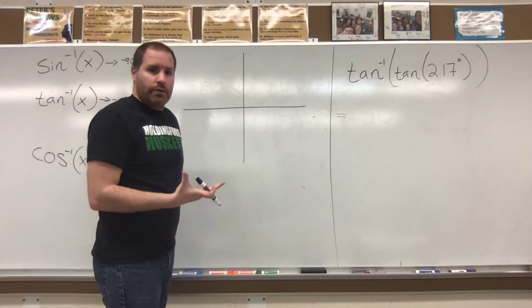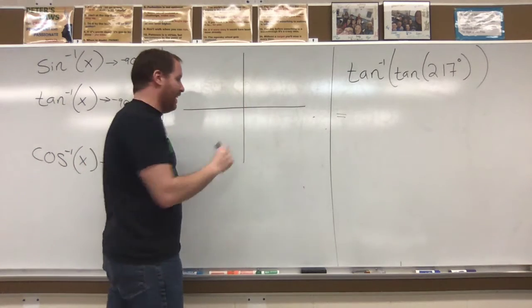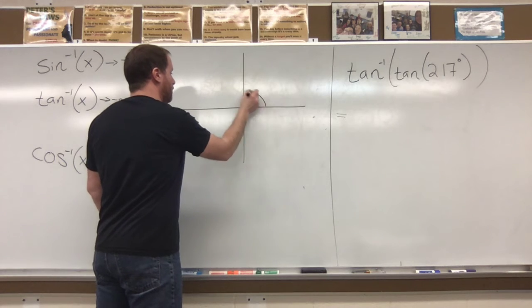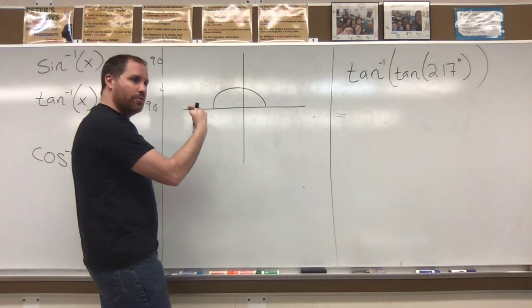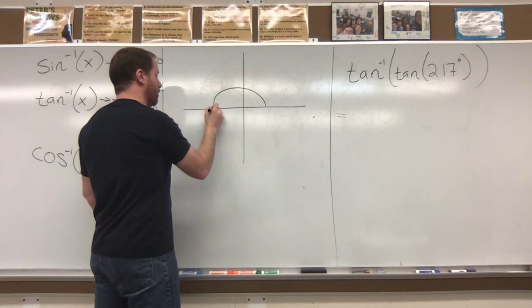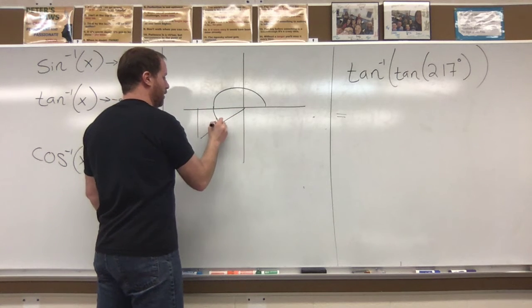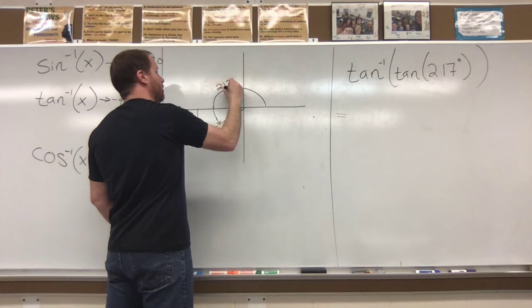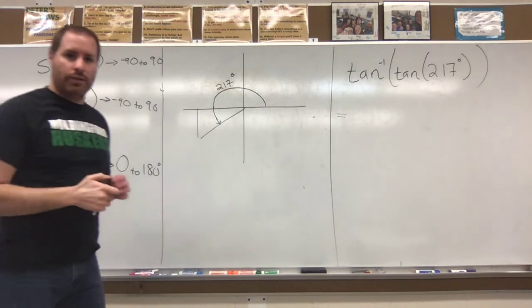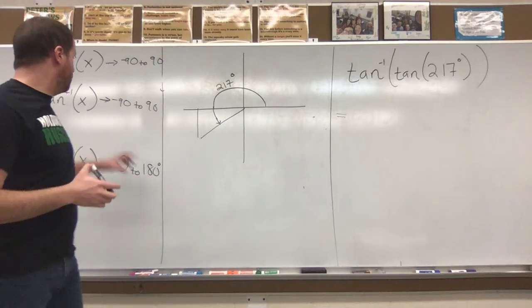270 degrees. I'm going to start out by drawing out where that is. So 217, there's 180, and then I suppose we'd go 37 more degrees past, somewhere down in here. That is approximately our 217 degree angle. That's where it's at. Tangent inverse.